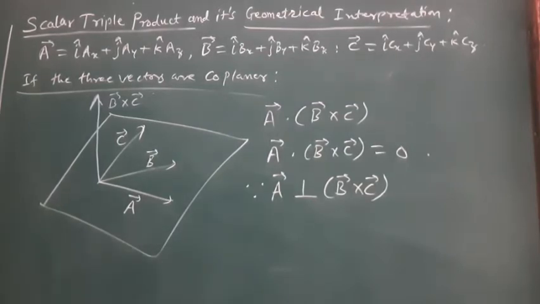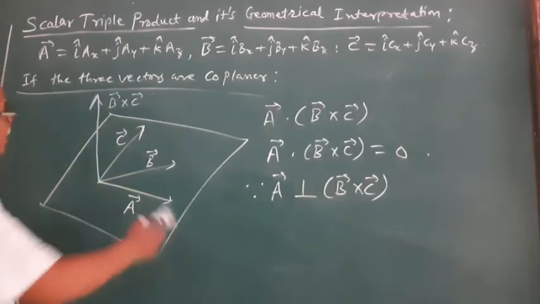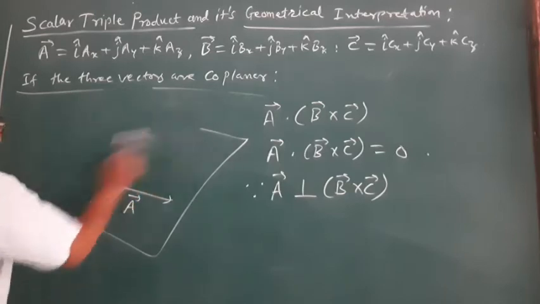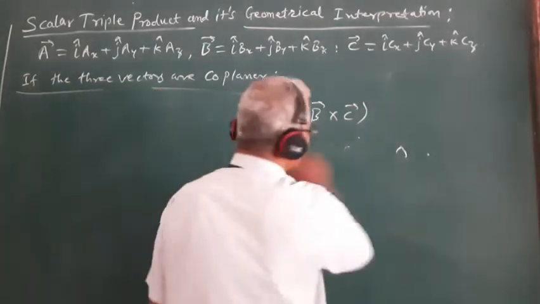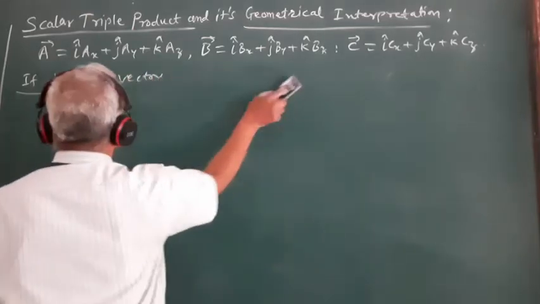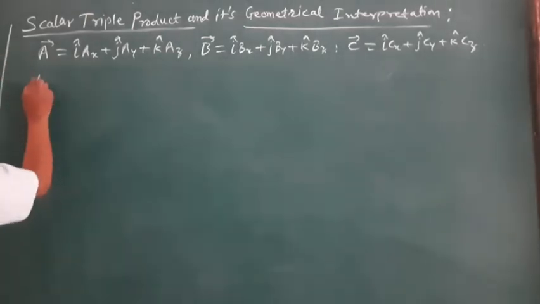Then the next point is, out of these three vectors A bar, B bar and C bar, if two vectors are equal, what will happen?